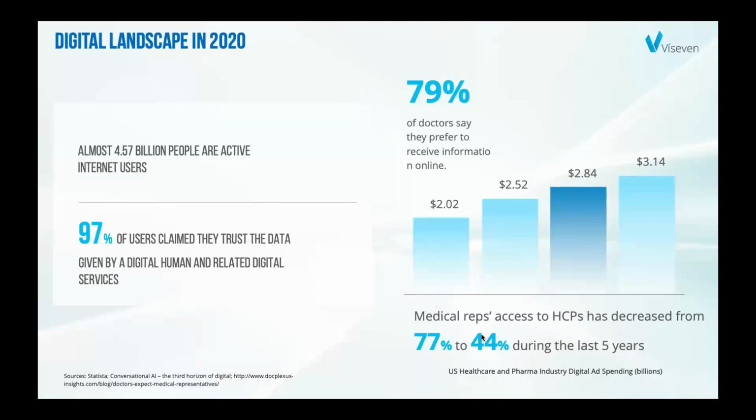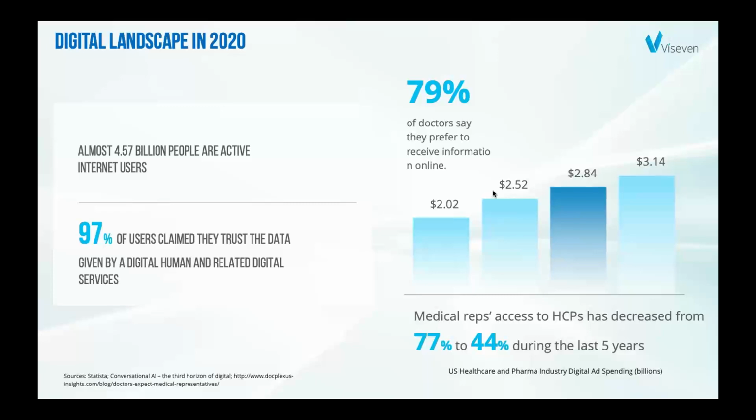So how does it impact the digital landscape in 2020? First, over 4.5 billion people are using the internet actively, like every day. This is more than half of the population. And in the medical domain, 79% of doctors prefer to receive the information online.